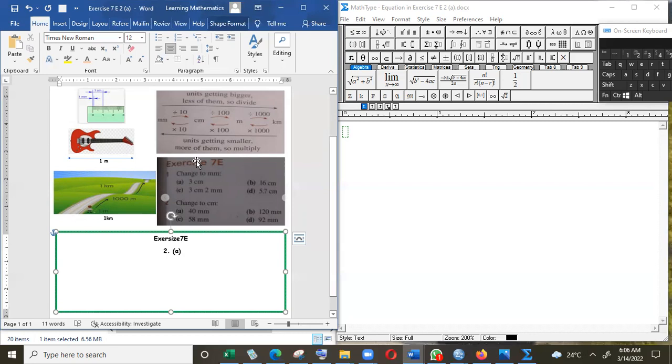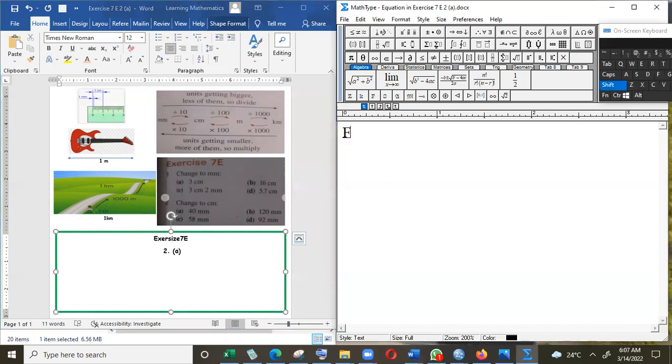So when you come to exercise 7E, number 2, part A, it says change to centimeters. 2 centimeter. From millimeter to centimeter. So we're going to change from millimeter to centimeter.